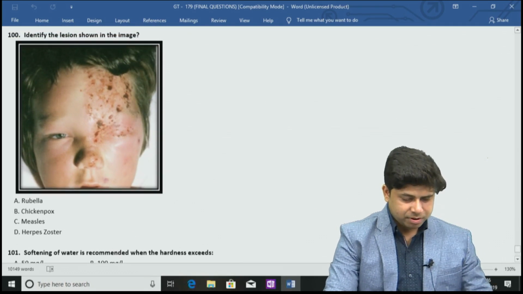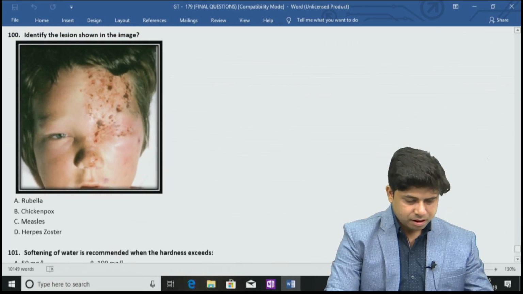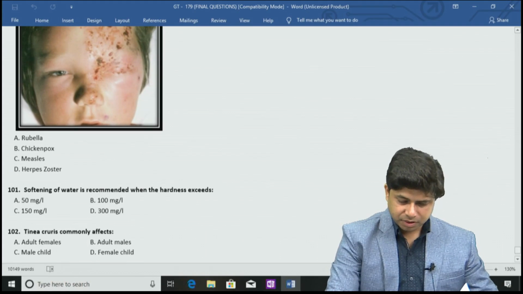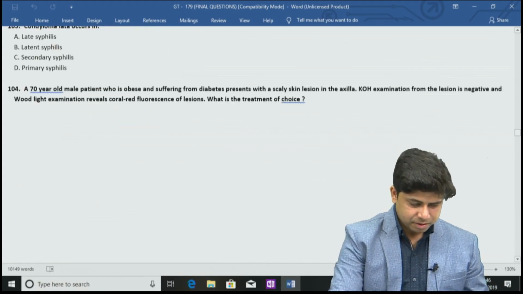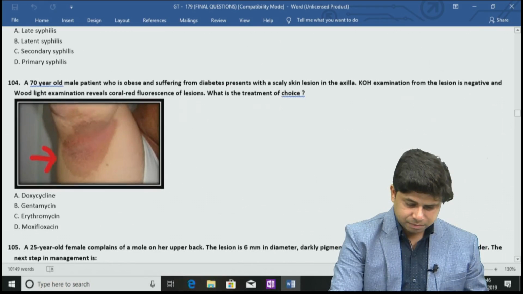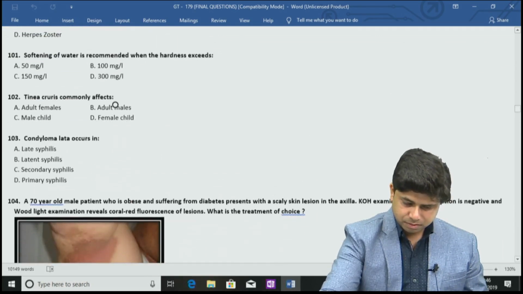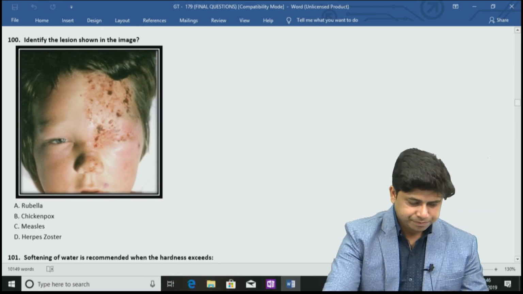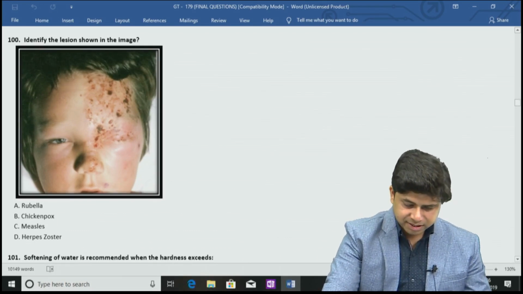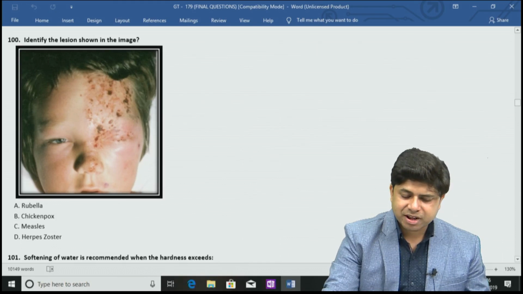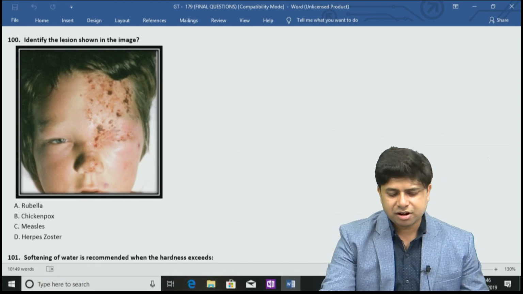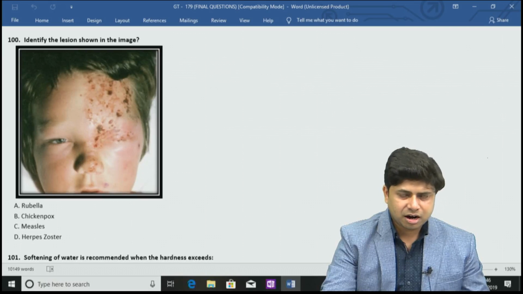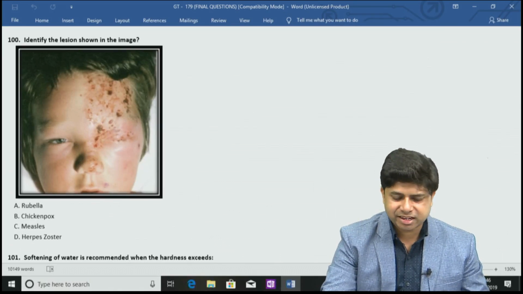Let's go to question number 100, which is: identify the lesion shown in the image. The answer is herpes zoster. This is a typical herpes lesion, which is one-sided towards the face and is very painful.